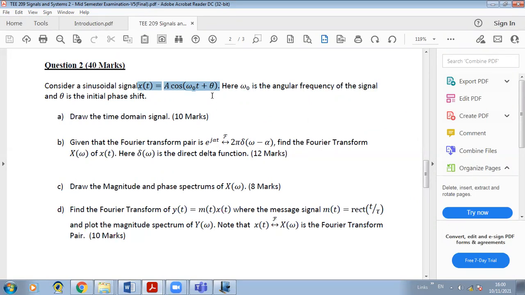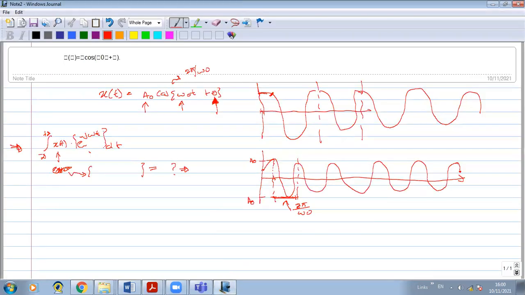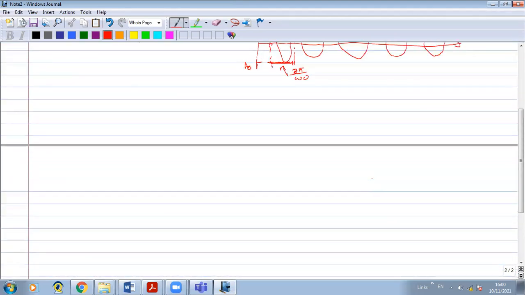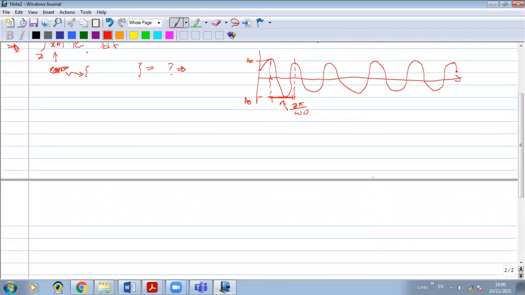So here also you can use the Euler formula. This is the first one, we have already done, and now we are going to evaluate the Fourier transform of x(t).